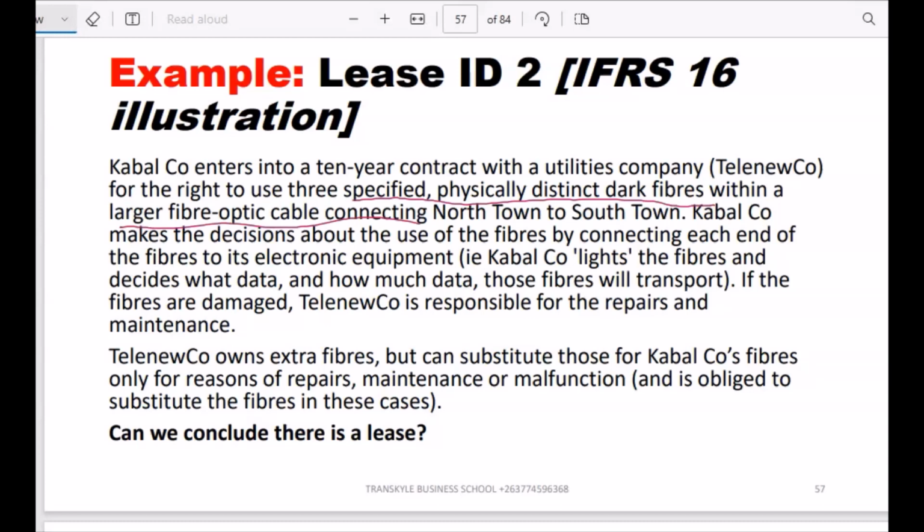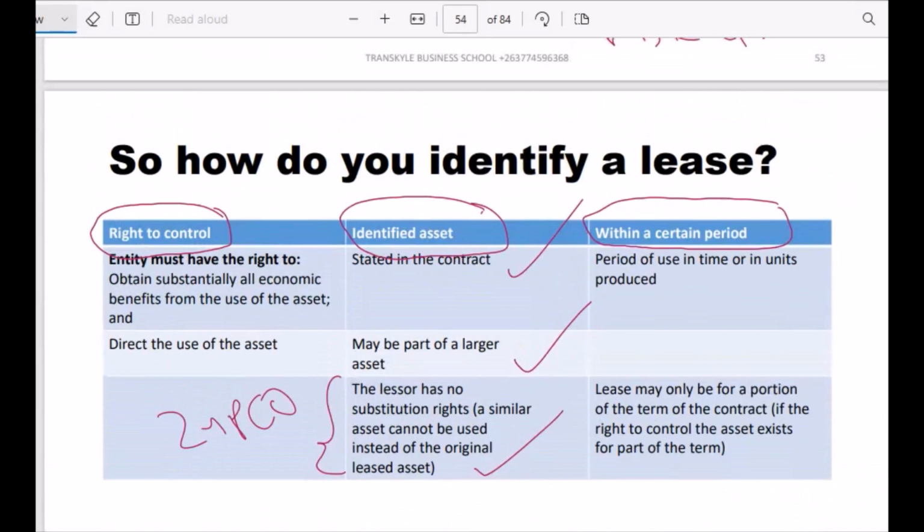Can we conclude there is a lease? Obviously, in this case, there is a lease. If you still remember our table here, they should have the right to control the use of the asset, and in this case, Cabocco has the right to use the asset, that is the 3 dark fiber cables.